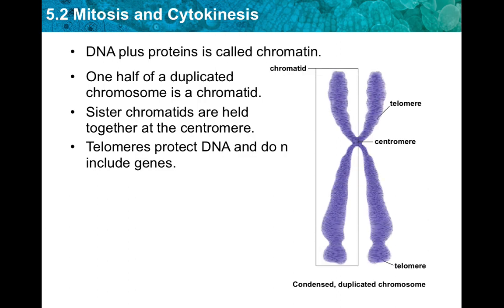Here, we can see a chromosome which is condensed. Here, in the square, we have a chromatid. Two of them make sister chromatids. In the center, where the chromatids intersect, we have the centromere.